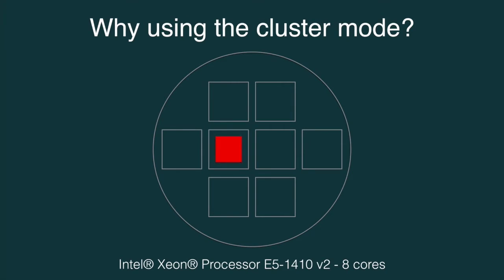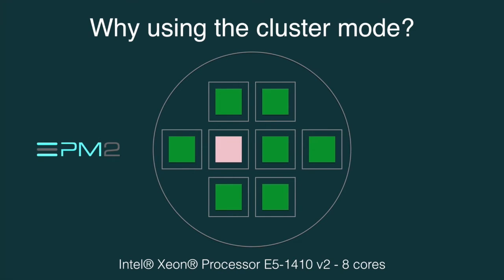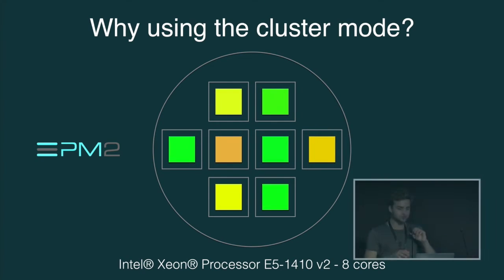So why use the cluster mode? As you know, JavaScript is a mono-threaded language, so it will only use one core on your computer. By using PM2, PM2 will duplicate your application to use all the resources on your computer. So all the CPUs will be loaded, will do jobs, and you will be able to enhance the performance of your application.